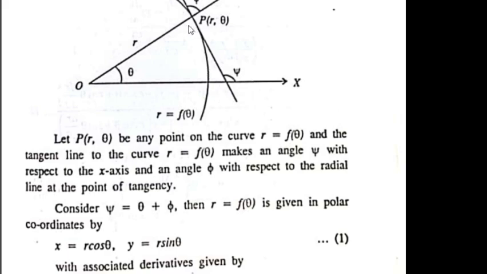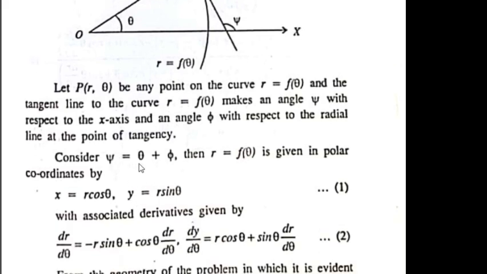This angle is not given, so let this angle be phi. These are opposite angles, and opposite angles are always equal, so if this is phi, then this is also phi. These two are interior angles: one interior angle is theta and the other is phi. So the exterior angle is equal to the sum of the interior angles. Therefore psi is equal to theta plus phi.